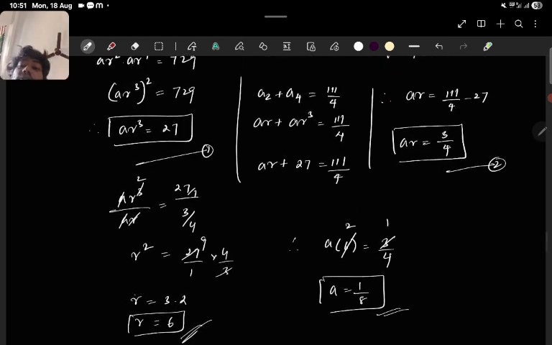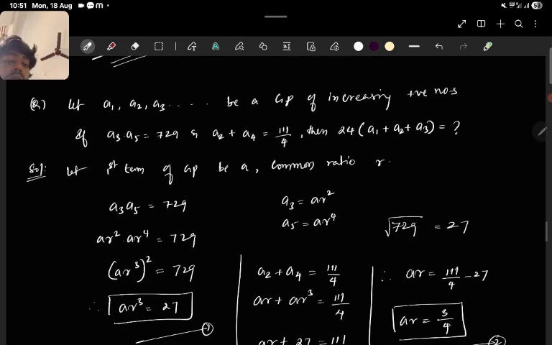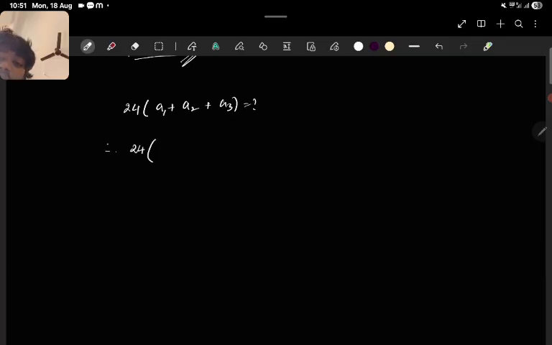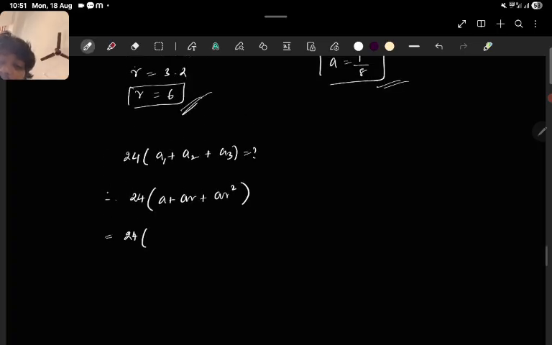Now they are asking you to find 24 times (a1 plus a2 plus a3), which is 24 times (a plus ar plus ar square). The a value is 1 by 8, the ar value is 3 by 4, and ar square will be 1 by 8 into 36.